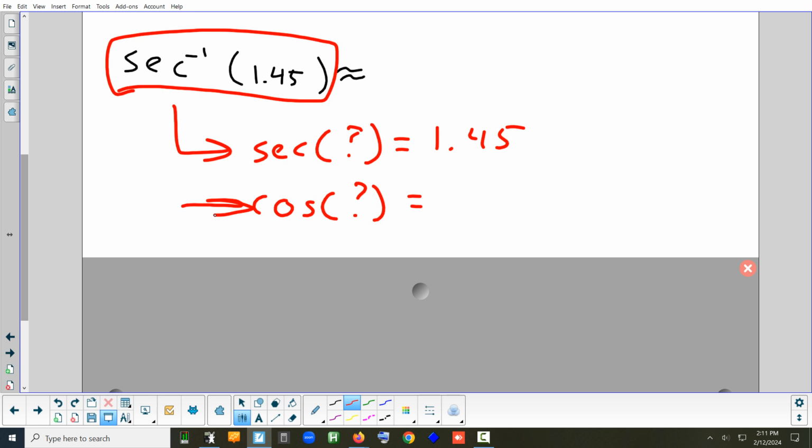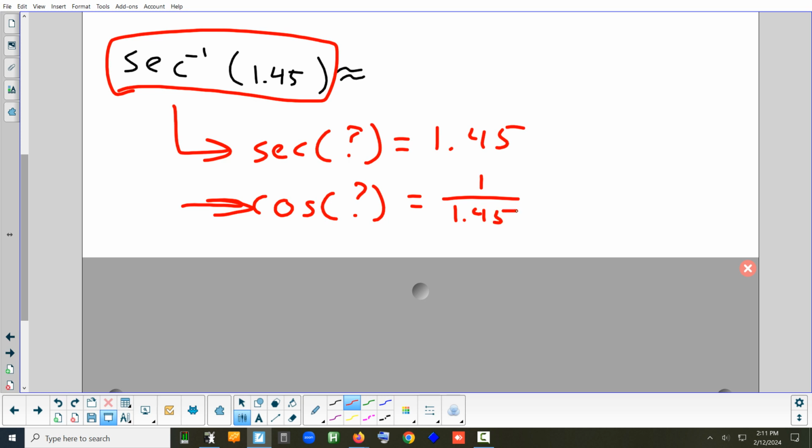But what would be on this side? If the secant has to equal 1.45, what would the cosine have to equal? The inverse of 1.45. Not the inverse of 1.45. No, not negative 1.45. 1 over 1.45? 1 over that.